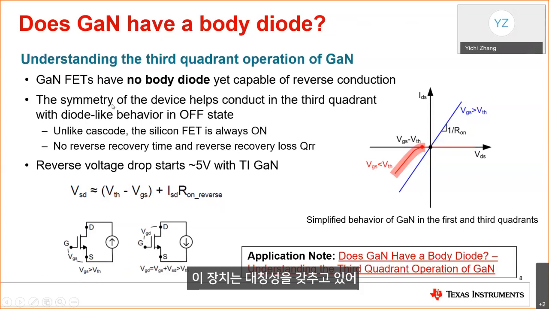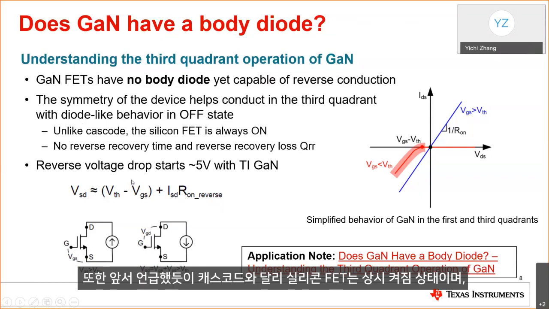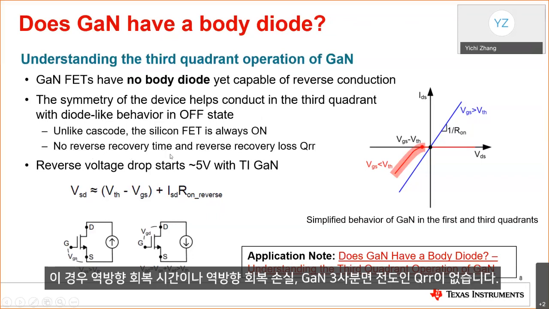The symmetry of the device helps conduct in the third quadrant with diode-like behavior, even in the off state. And like I mentioned previously, unlike cascode, the silicon FET is always on. In this case, you don't have any reverse recovery time or reverse recovery losses, QRR, with GaN third quadrant conduction.